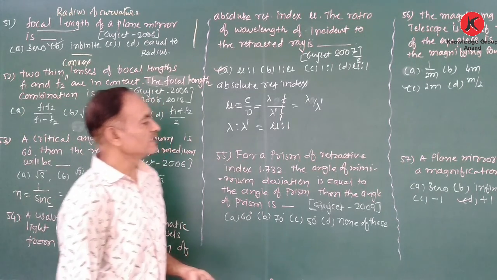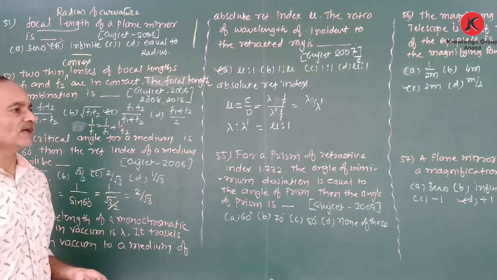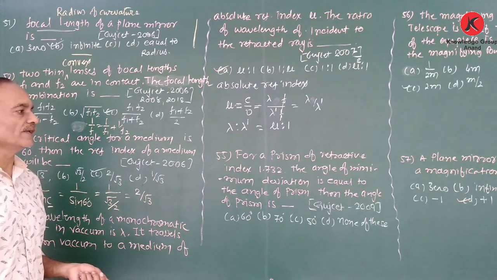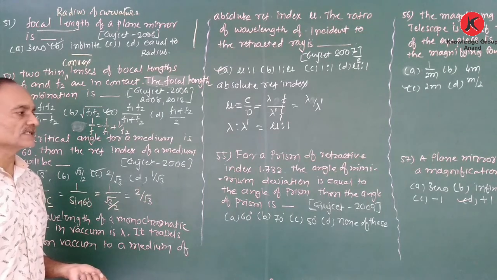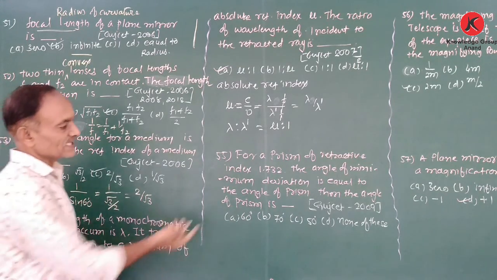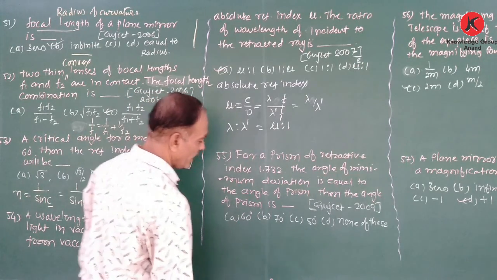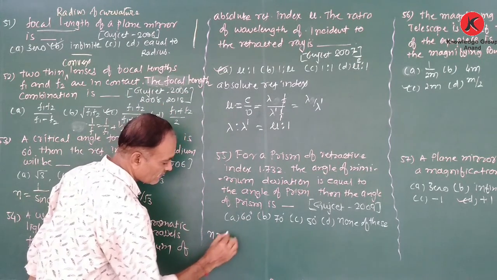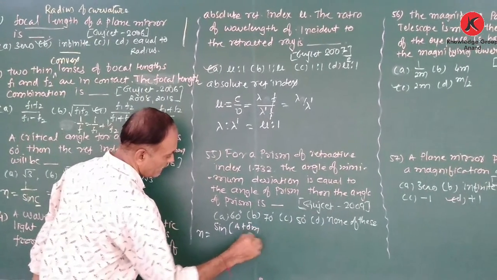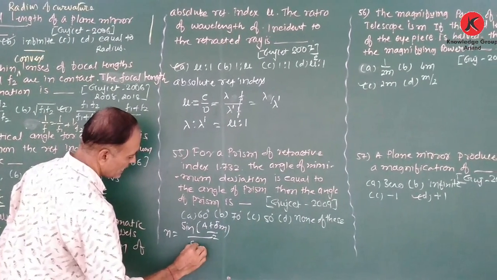Now, for a prism of refractive index 1.732, the angle of minimum deviation is equal to the angle of prism. Find the angle of prism, asked in 2009. Here we know that n is equal to sine of (A plus delta m) by 2 upon sine of A by 2.